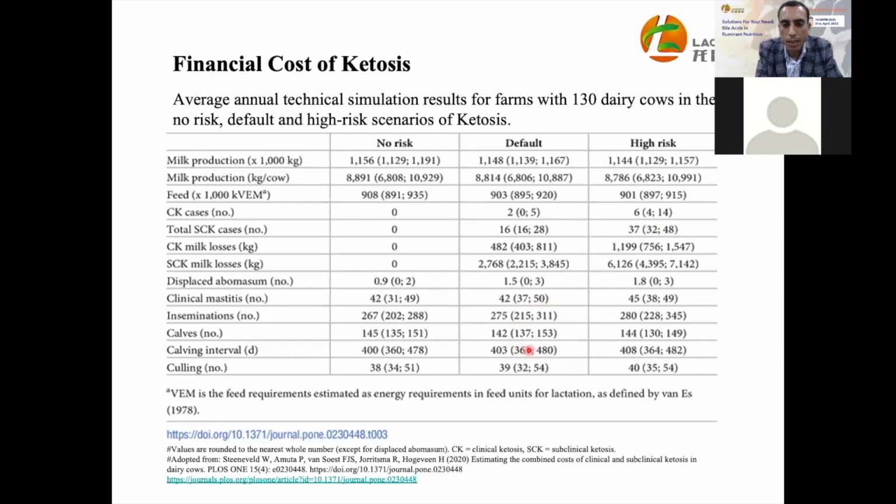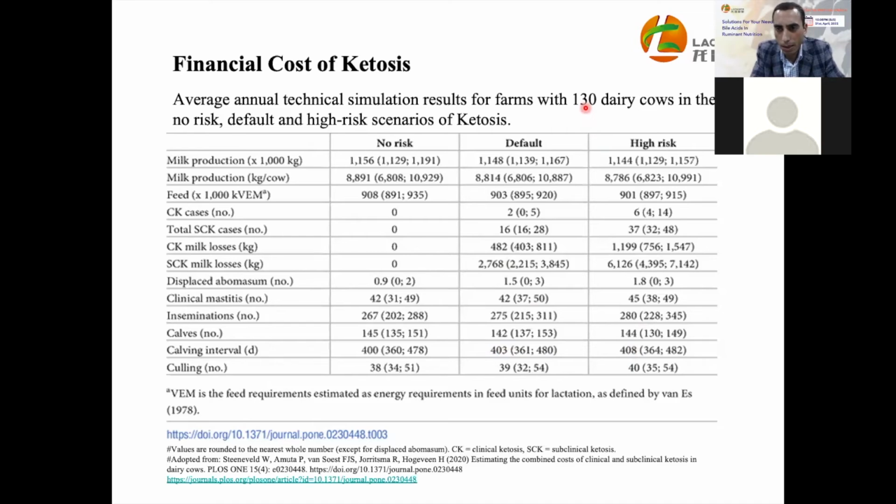For the calving interval, an important KPI, key performance indicator, to evaluate fertility in dairy farming, there are 3 days difference between default and no risk, and 8 days open difference between the high risk and no risk. Multiply 8 days by 130 dairy cows, by the daily feed intake of the fresh cow.